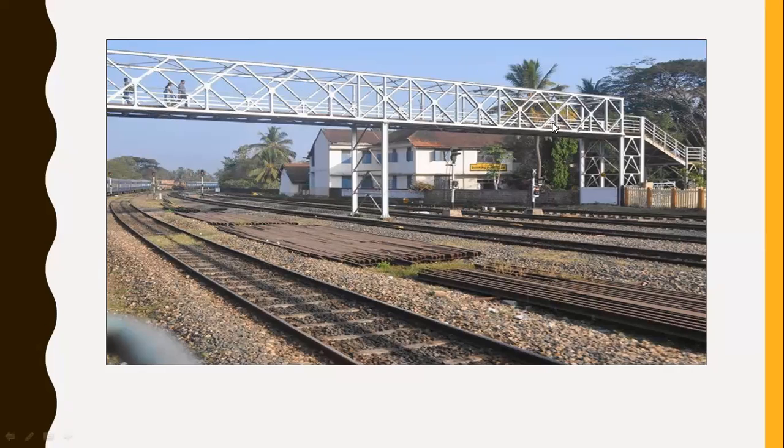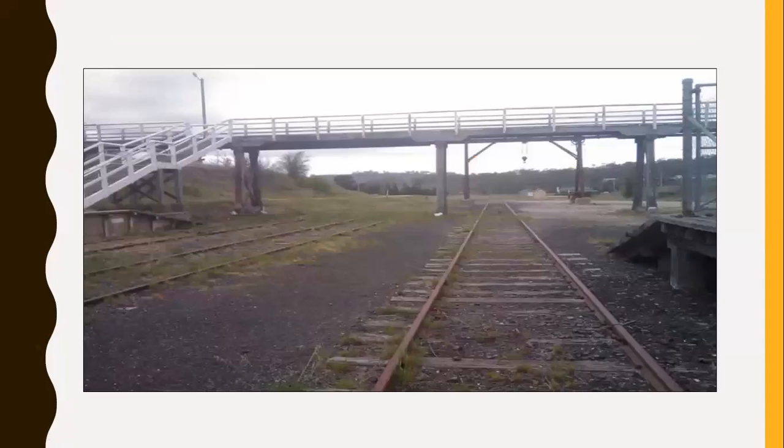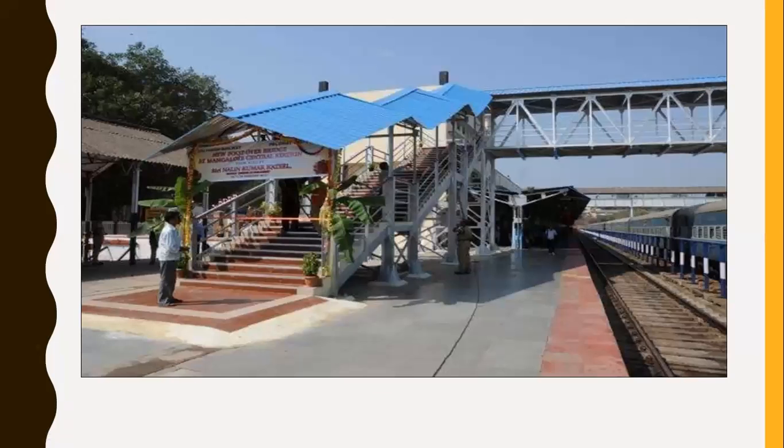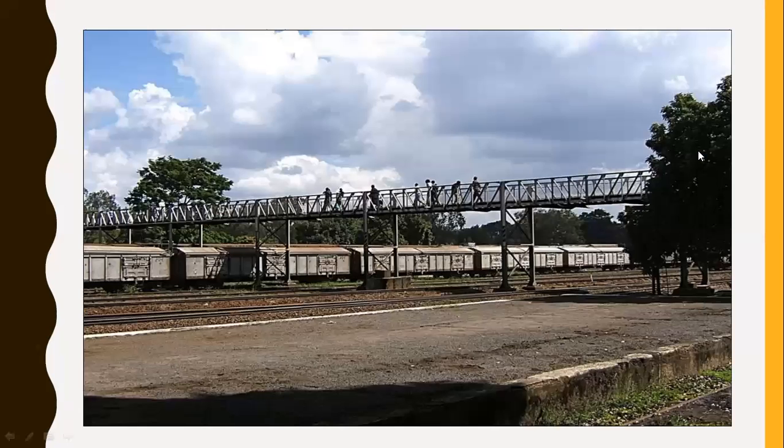And this pedestrian bridge is provided so passengers can easily cross these railway tracks without interruption, right? As you can see in this figure, the bridge starts from here and takes a passenger from one part to the opposite side of the railway station, right?